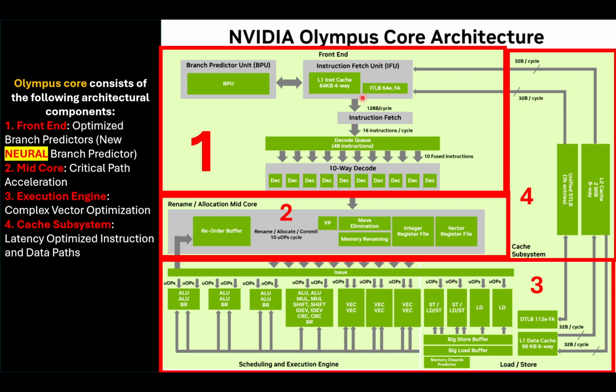We will come to this part again. Then we have 128 bytes per cycle instruction fetch, which is 16 instructions per cycle, so per one cycle probably sending 16 instructions.